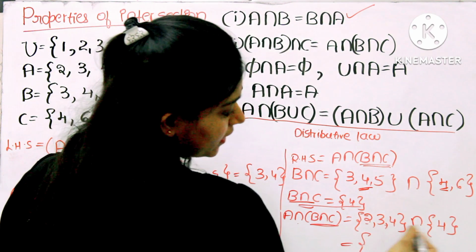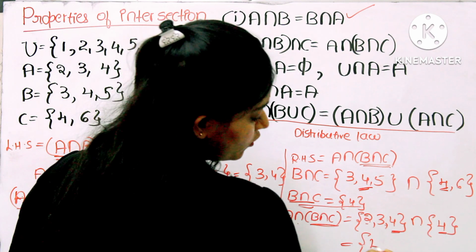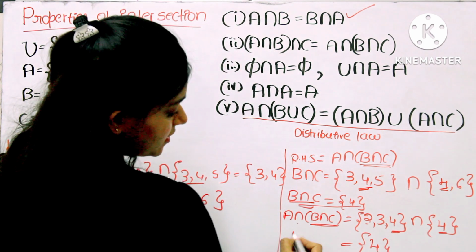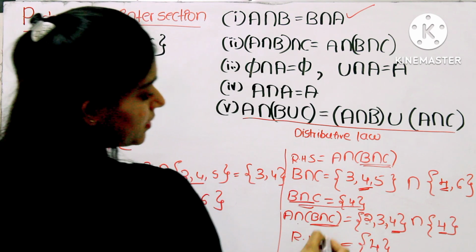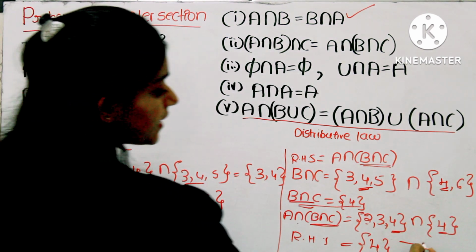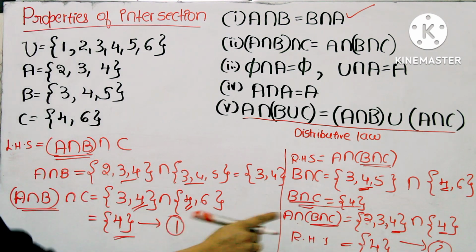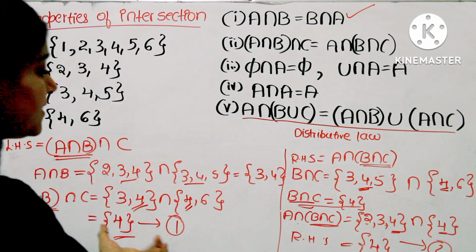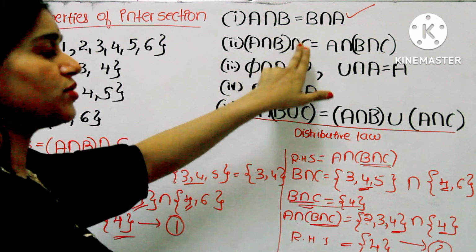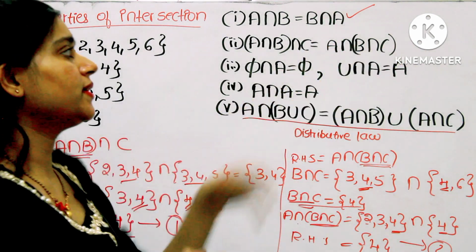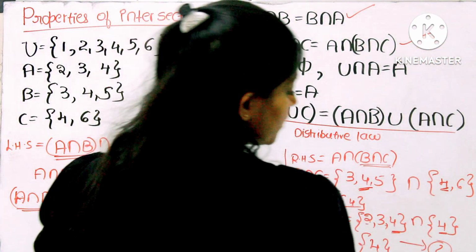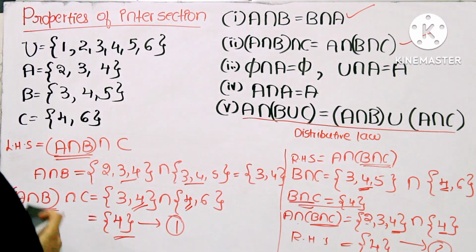In {2, 3, 4} and {4}, which is common? 4. So A intersection B intersection C on the RHS is 4. Take this as 2. So now from 1 and 2 we got 4. So by this we got LHS equal to RHS, which means A intersection B intersection C is equal to this.